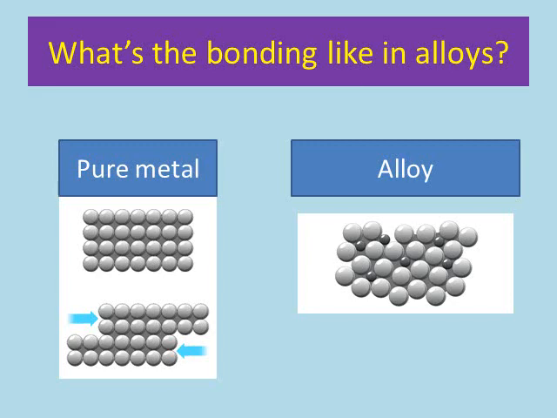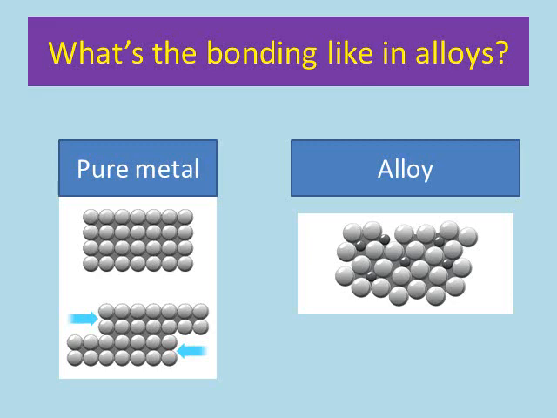Whereas with an alloy, let's say you've got copper and tin mixed together. The sizes of the atoms, copper and tin, are slightly different, and that's going to mess up your nice, neat rows of ions, because if one of them is smaller than the other, you're going to end up with these small little ions mixed in here.